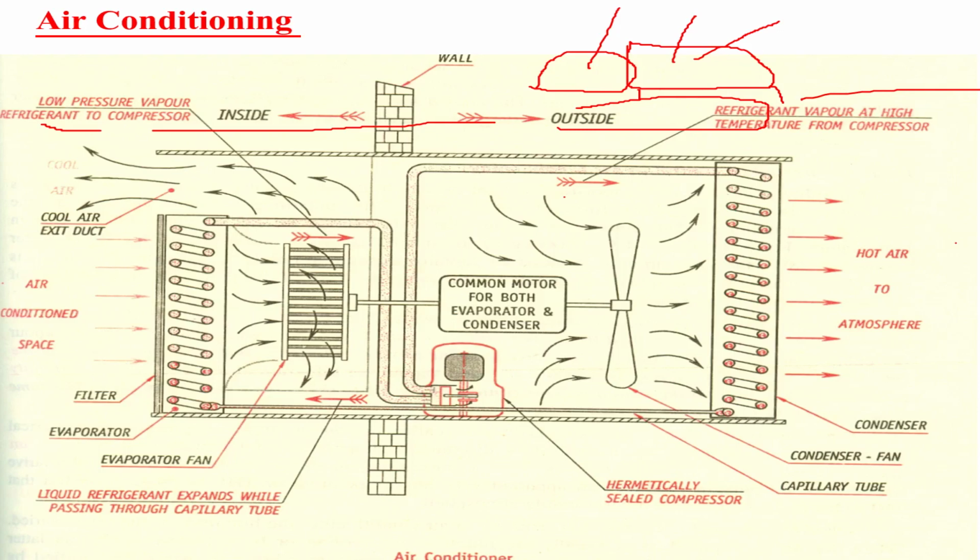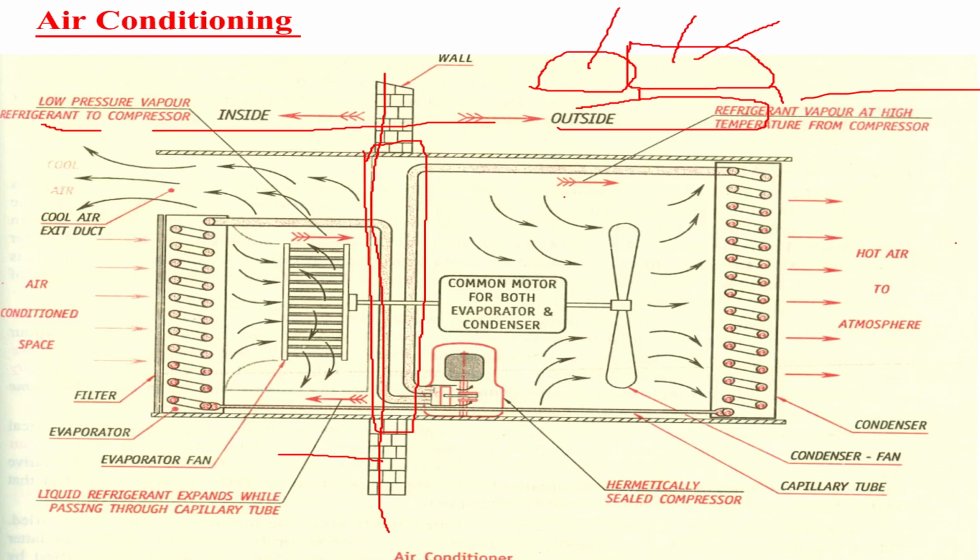So here, you see, this is the wall. This is the wall, and in that, this is the window. Then in the window, we fit this air conditioner, window air conditioner. This consists of two sides.